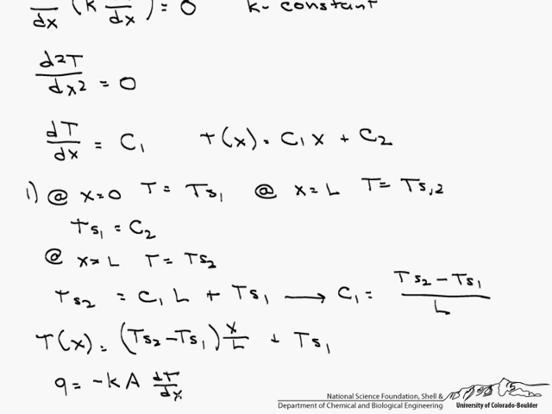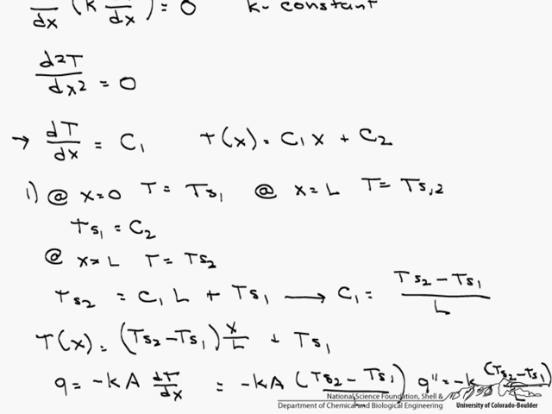We've already solved for dT dx right up here. So dT dx is just C1, and C1 is Ts2 minus Ts1 over L. So this is going to equal minus kA times Ts2 minus Ts1 over L. If we wanted to find the heat flux, all we do is the same thing without the area, because heat flux is per area, so minus k times Ts2 minus Ts1 over L.